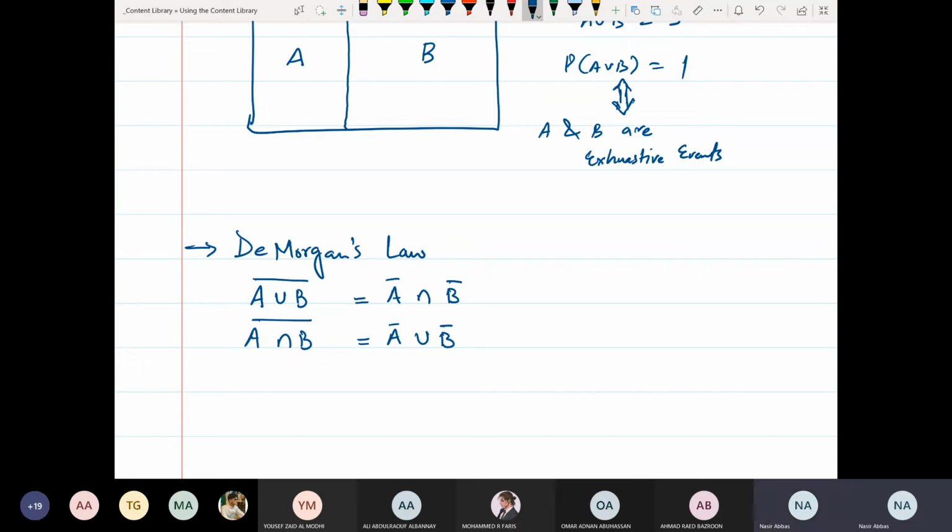Sometimes in a question we give you one side and ask you to find the second side, so you can use De Morgan's law on some occasions.